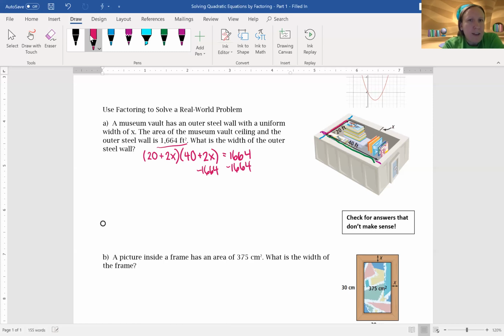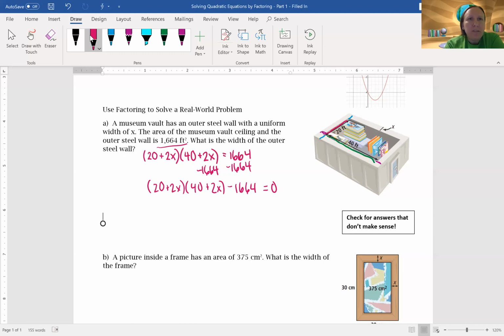The problem is then you would have something that looks like 20 plus 2X times 40 plus 2X minus 1664 equals 0. I'm going to end up erasing this, so don't necessarily write this down. And we no longer have a product of two expressions. We can't use the zero product property anymore here.